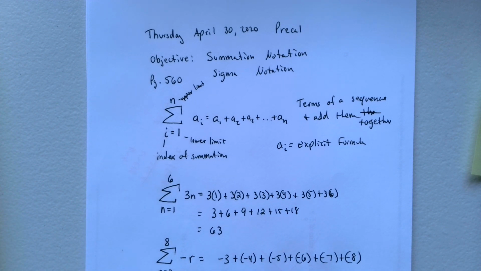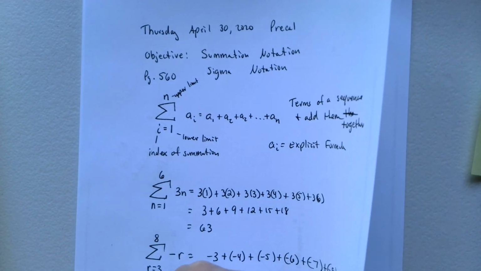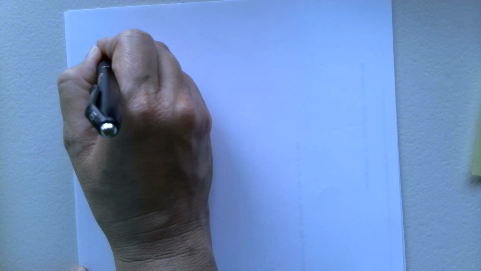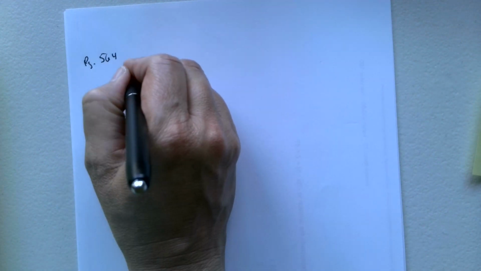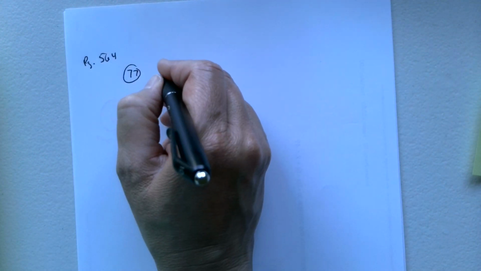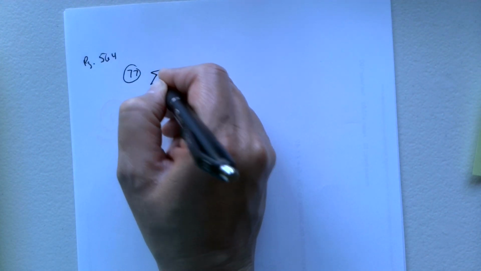Summation notation. All right, so let's turn to page 564. Let's talk about the directions for 75 through 86, which say to find the sum. If we look at number 77, we have our sigma notation.